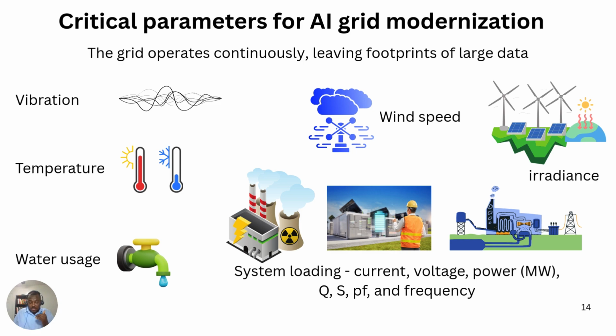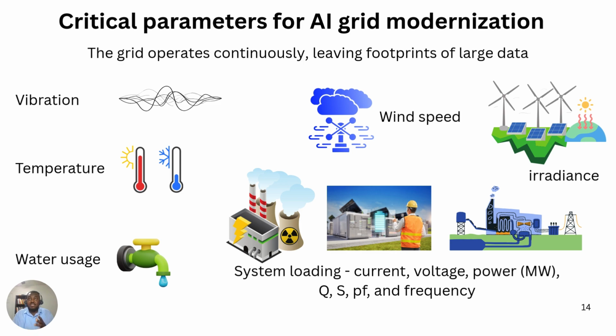Okay, now we have built some foundation. We have looked at some history of how the power grid started, looking at India and the USA, and then we have looked at the reasons why we need to modernize.